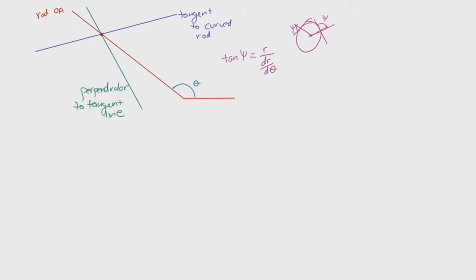I try to explain it as best as I can so that you don't get confused on which angle to choose. So this angle right here is going to be phi. Later on, I'm going to define this angle as epsilon. Since this line is perpendicular to this tangent line, these two angles add up to 90 degrees, so epsilon plus phi is simply 90 degrees.